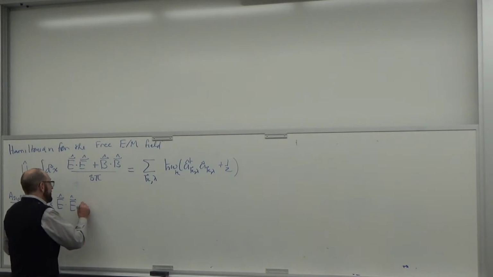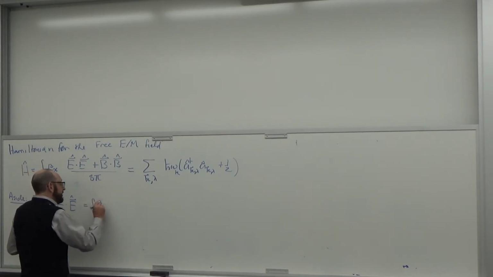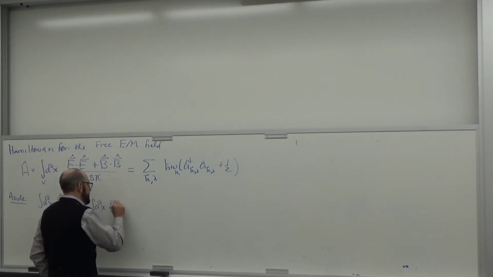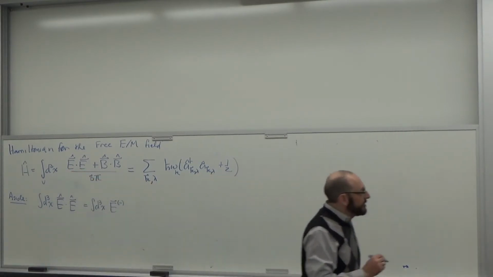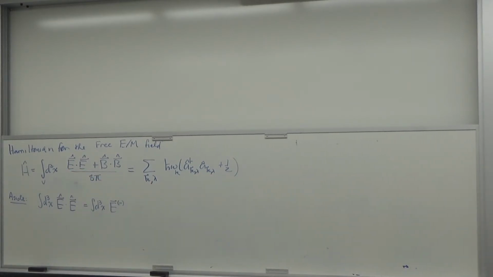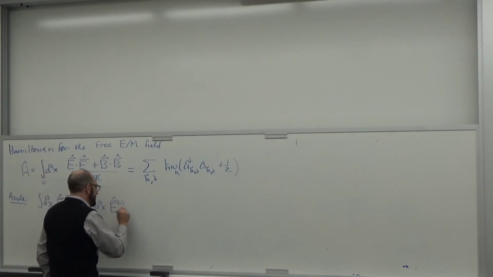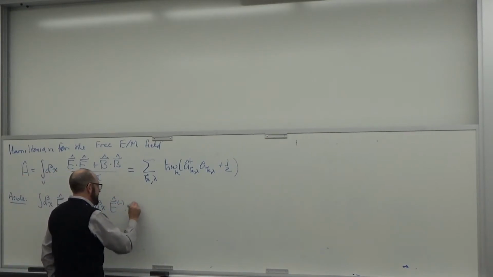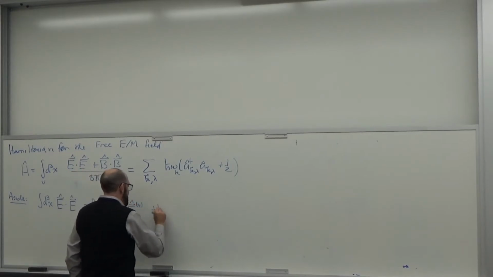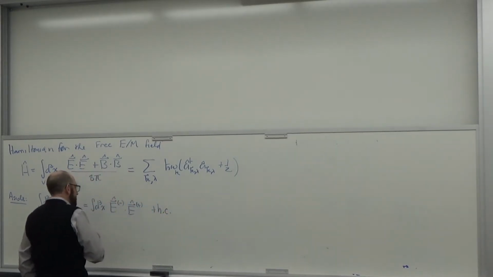So this is equal to the integral, I'll just write out. Oh, by the way, this thing is just the Hermitian conjugate of the positive frequency component. So take the conjugate. That's why we wrote Hermitian conjugate. So this is equal to this plus HC.